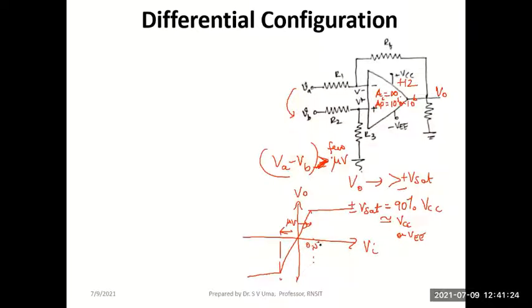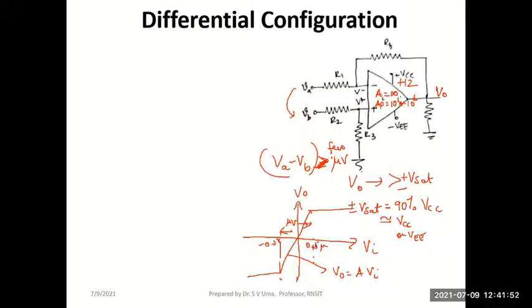This may be 0.5 micro and this may be minus 0.5, something like that, or 1 micro and minus 1. Only for such low input voltages, the output voltage will increase or change linearly depending on the input. So in this region the output is the gain times input. It's working like a normal amplifier.